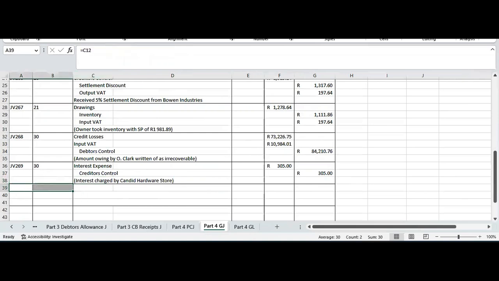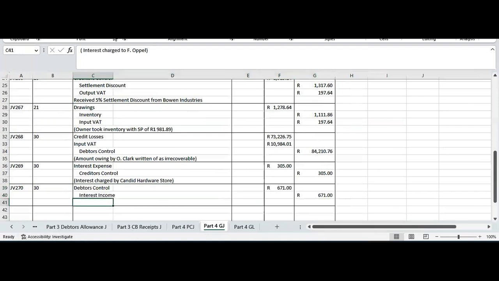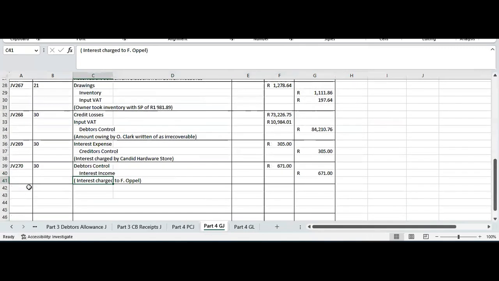Next one is where we charge the interest, remember? So we just bring the information that we calculated up there into our journal, and we put down the reason, interest charged to Mr. Oppel. So interest charged by a creditor, interest charged to a debtor.